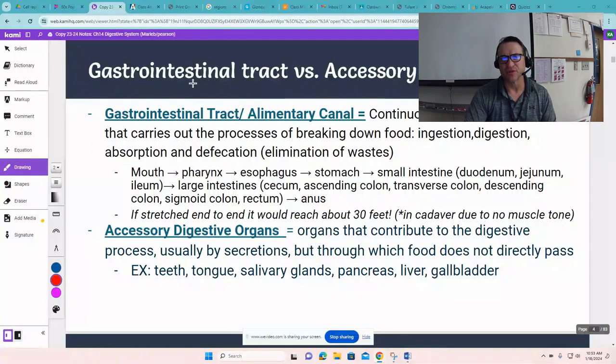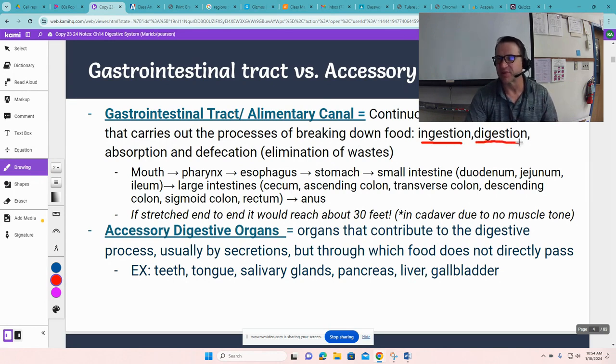And now the gastrointestinal tract, the GI tract, versus the accessory organs. The GI tract, or alimentary canal, is a continuous coiled muscular tube that carries out the processes of breaking down food. Remember, ingestion is taking in food through the mouth.